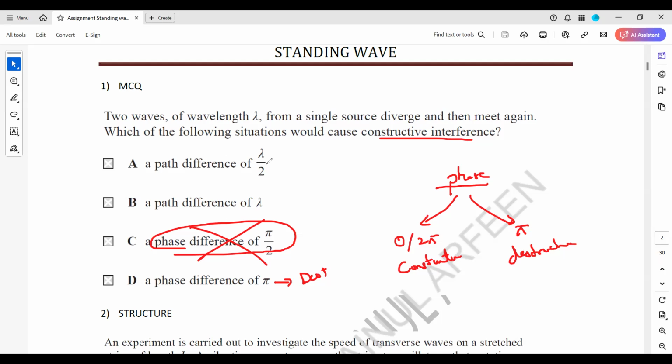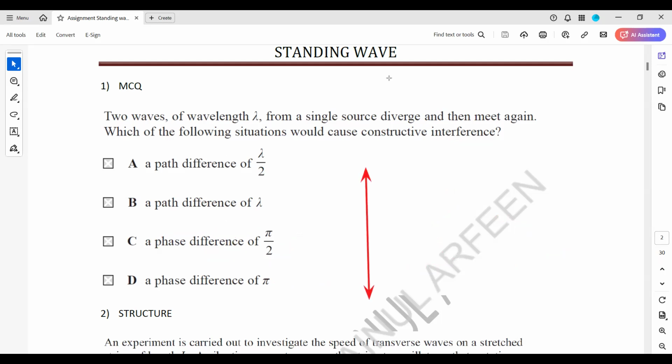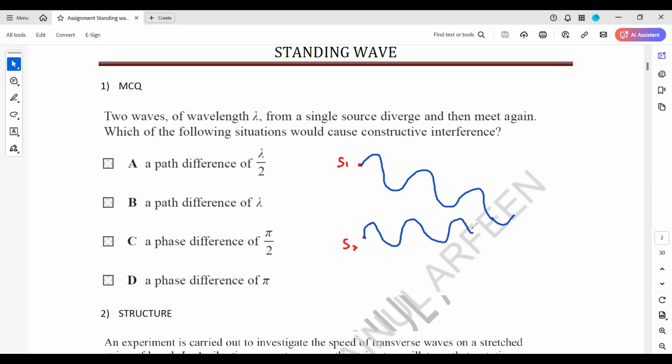A path difference of lambda by 2. What does it mean? For example, if this is source 1 and this is source 2, say this wave completed 3 waves from source 1, and for the other wave, 1, 2, 3 and 3.5.